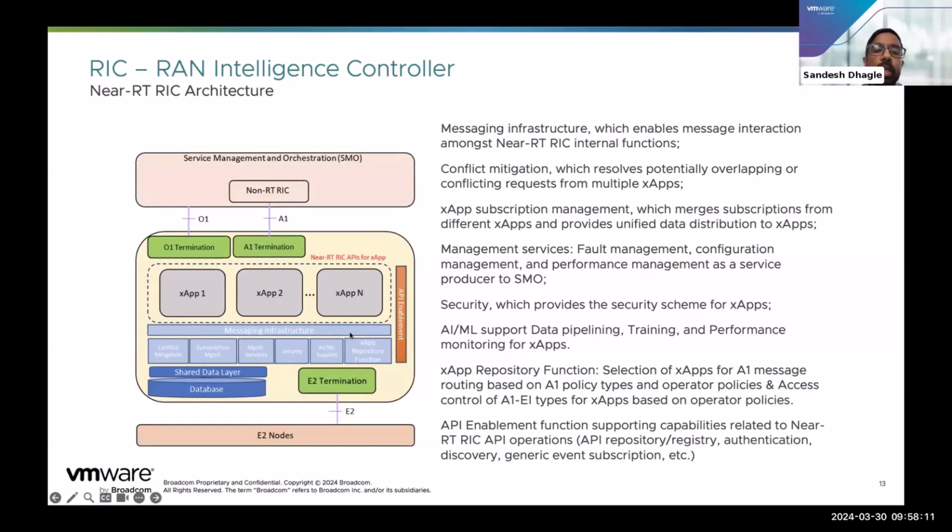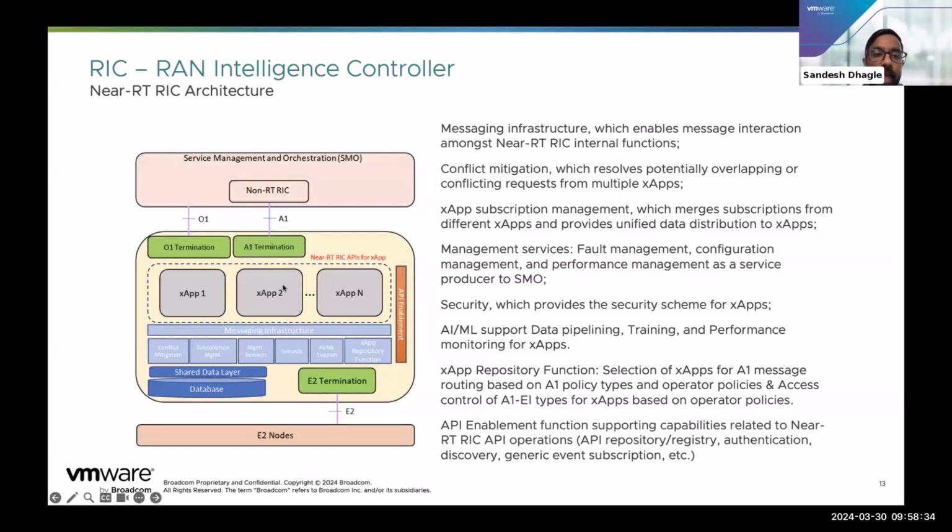There is also AI/ML support for these apps to be utilized, and then there are repository functions, which means common functions that these xApps can utilize to run their apps, like policy and access control type of things.